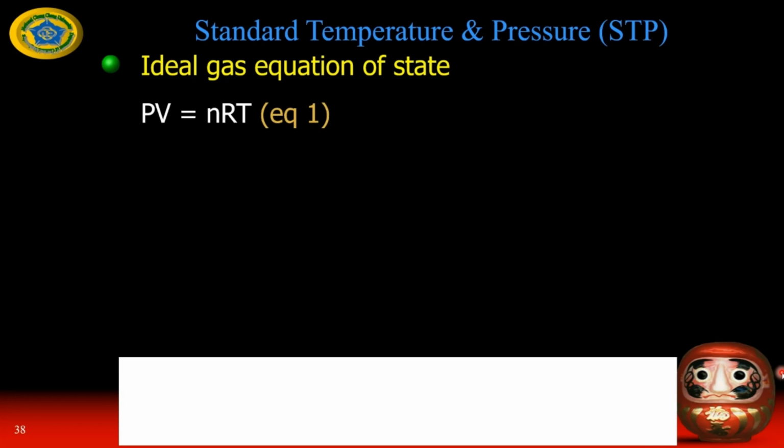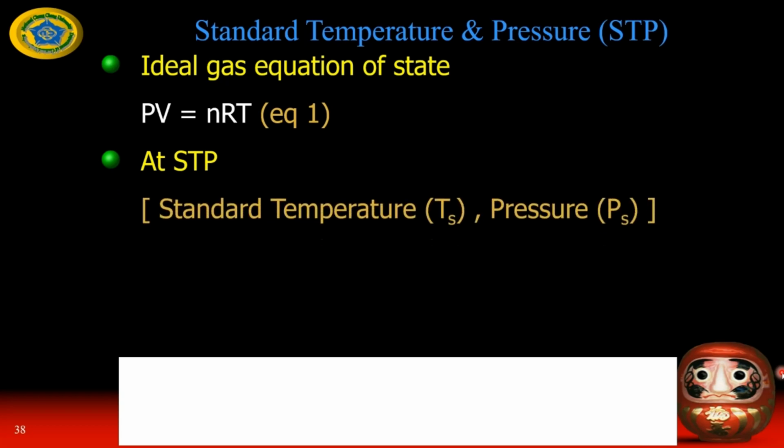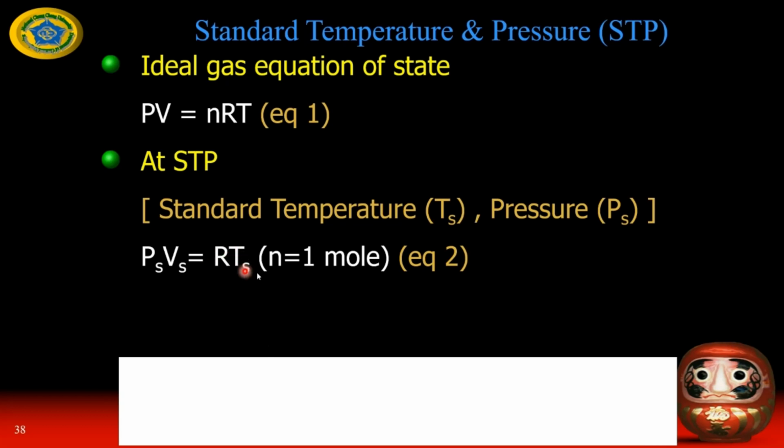This is for any condition. But for the standard, STP, standard temperature and pressure, you have TS and PS. So we put this together, PS VS, because we regard n as 1 mole, since this is standard condition, equals R times TS. So this is equation 2.